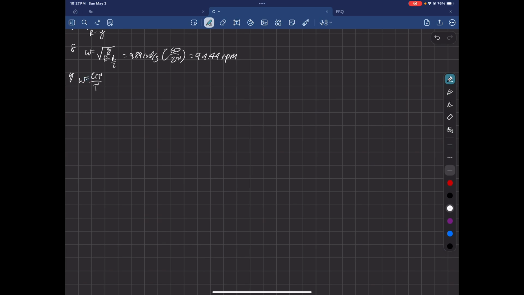We know what omega is equal to, so we can set this to what we found earlier. And we'll get 2 pi over the period is equal to root g over r minus y. And we just isolate for period, multiply and divide this. And we'll just get period is equal to 2 pi.